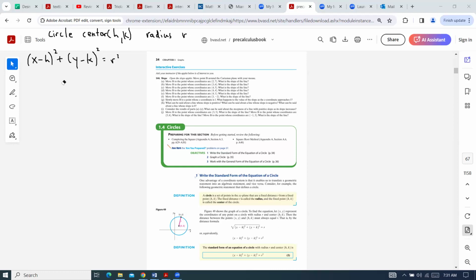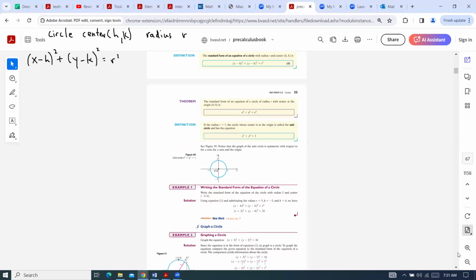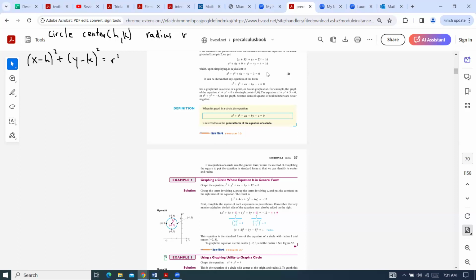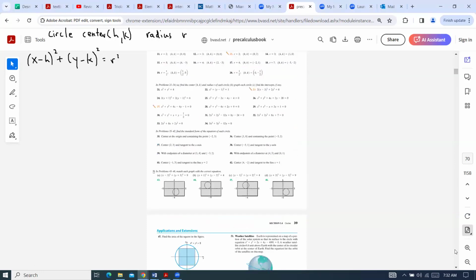Center and the radius enable us to graph that circle on the xy plane, and that was the idea for the exercises. And of course, I was trying to get this worked out a couple of times, and today I plan to do another exercise here.